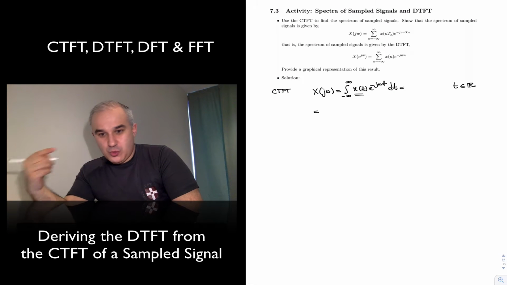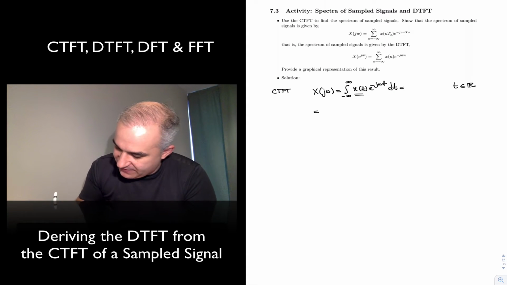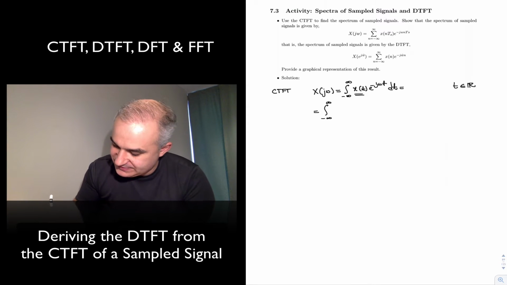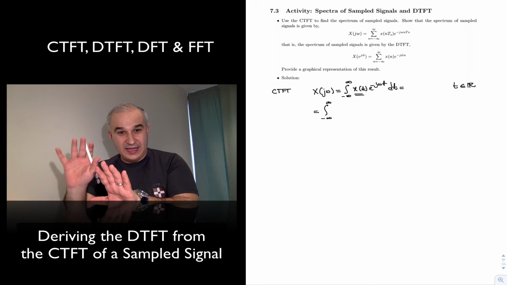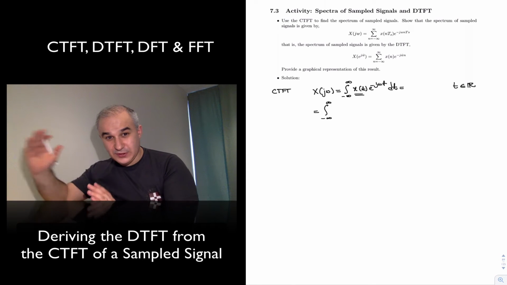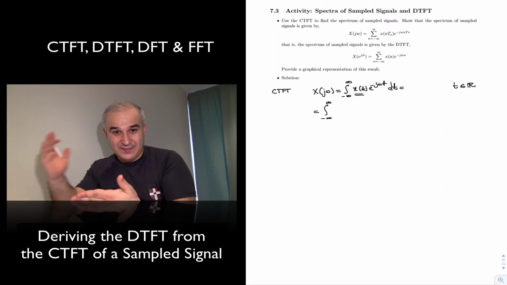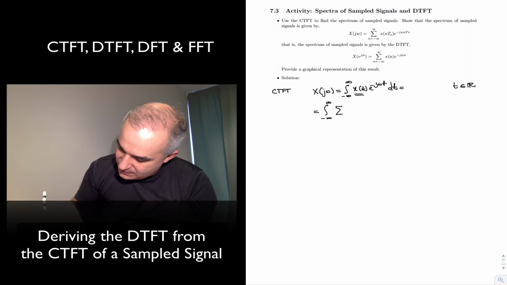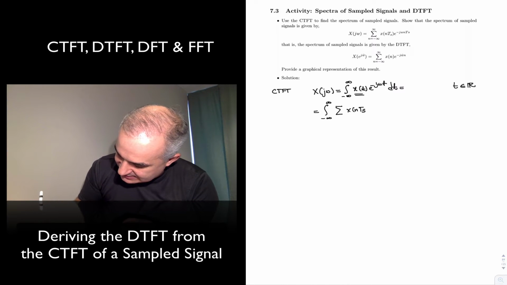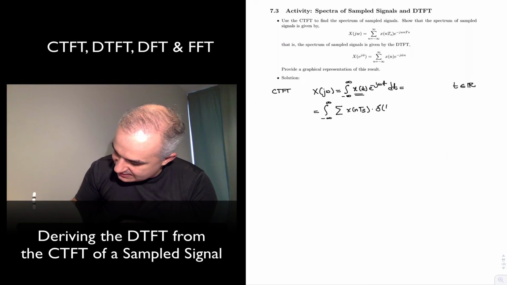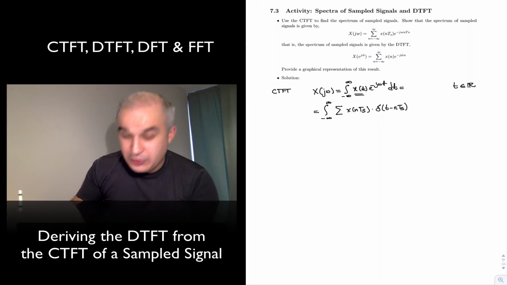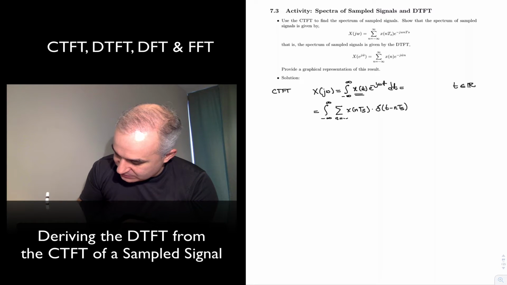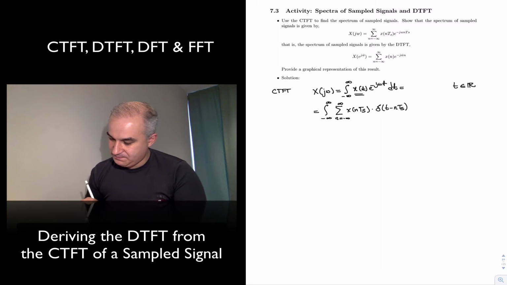Now, the signal was sampled, and what we found is that if the signal was sampled, we could model the sampling process by multiplying an impulse train, meaning impulses at the sampling time instances, times the signal. So we have a sum of x of nTs times delta of t minus nTs, where we are using the sampling property of the impulse function, from n equals minus infinity to infinity.